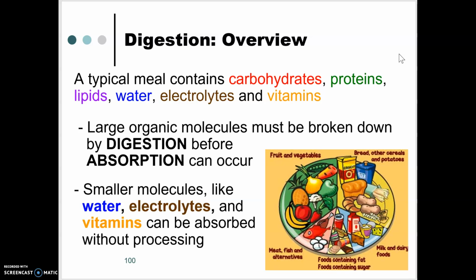And then once we break those bonds and we've got those things into smaller molecules, then we can absorb them. Some of the smaller molecules that we eat with our food, water, electrolytes, vitamins, we have specialized cells. Those molecules are also small enough that they basically just get absorbed without any processing. It doesn't cost us any energy to absorb water, electrolytes, and vitamins.